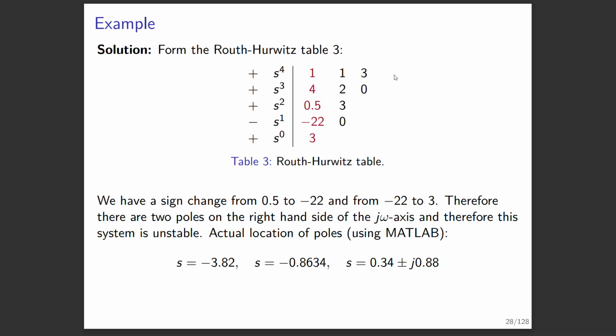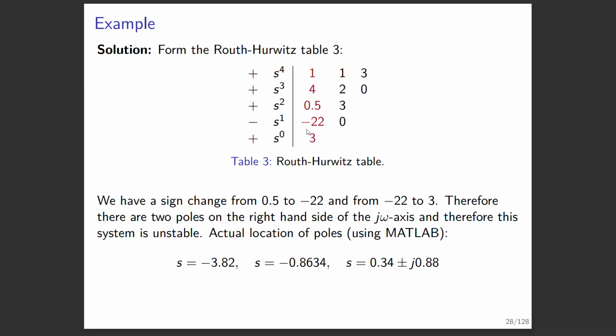So I populate this table, then I look at the first column of it. How many sign changes do I have? This is a positive number, this is a positive number, this is a positive number, this is a negative number, this is a positive number.